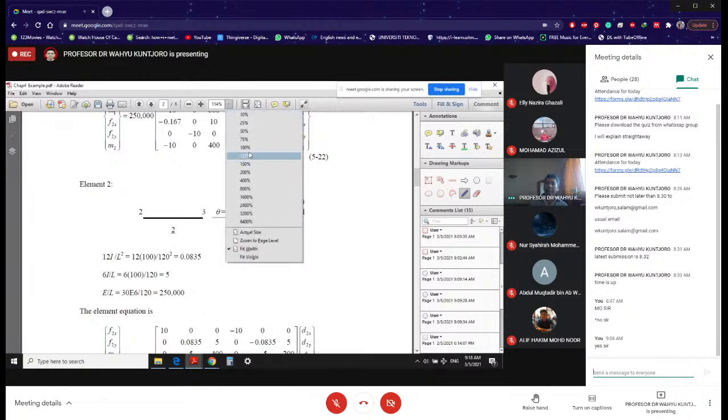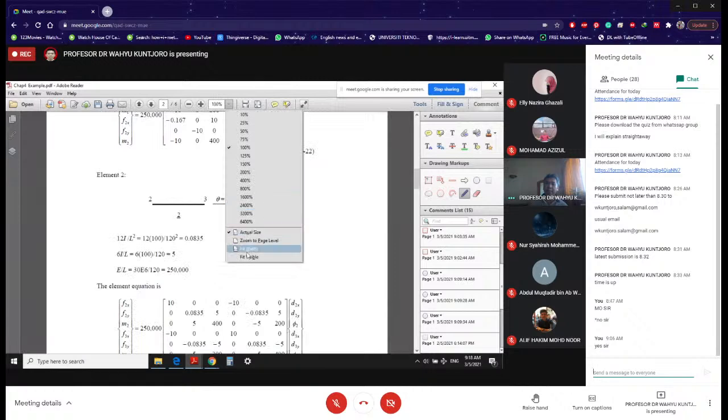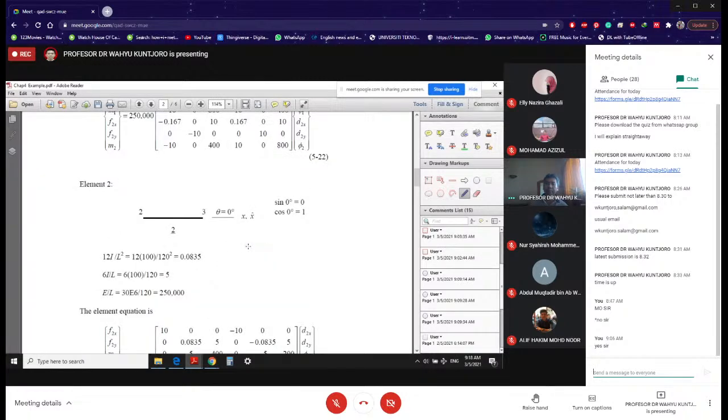They are parallel. See here, they are parallel. Because of that, then the theta is 0. And of course, you calculate your sinus and cosinus. Based on that, you can calculate the ingredients, 12I over L. Be careful.